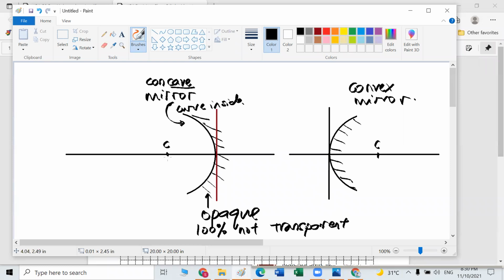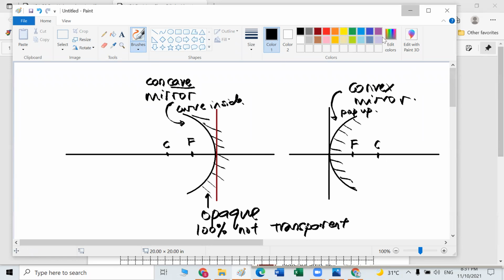Then in between the center and the mirror, on the principal axis, halfway from the center to the mirror, we will call it F. So center to the mirror, halfway is F. Okay, so far can understand? Convex means pop up. Then concave means curve inside. This is very important so that we know where is the C and where is the F.